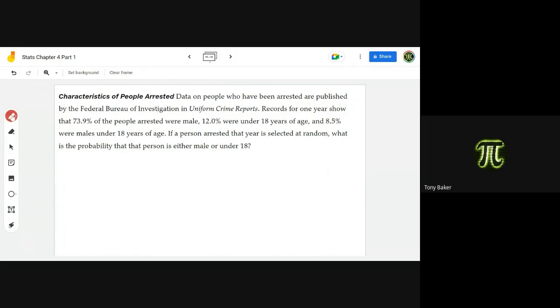What's the percent that is male? 73.9. What's the percent that's under 18? 12%. And then we want to subtract off male and under 18, which is what? 8.5%.